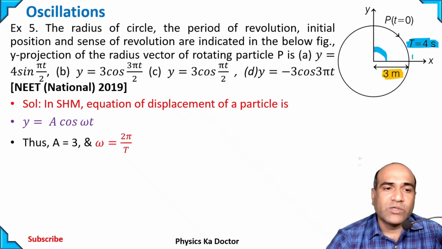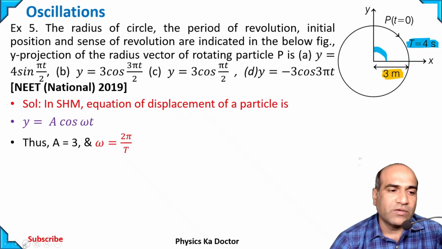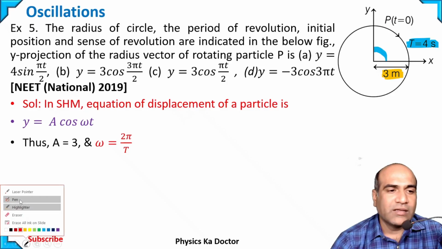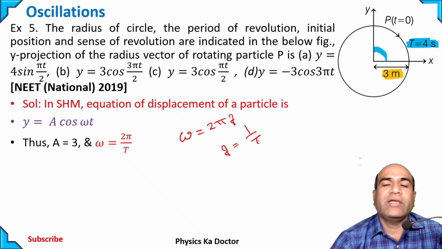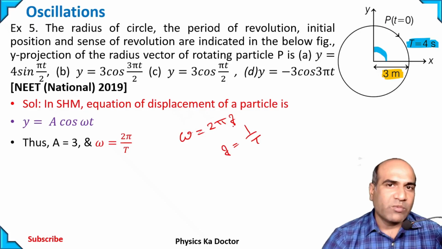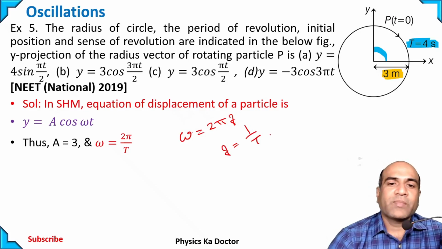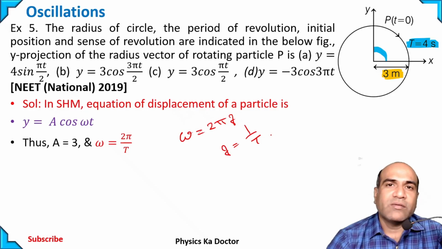That equation we know very well. Let's again recall it: omega equal to 2 pi f, and f equal to 1 by T. F is the number of occurrences per unit time, and T is the time required per occurrence. Therefore you can derive omega is equal to 2 pi by T.